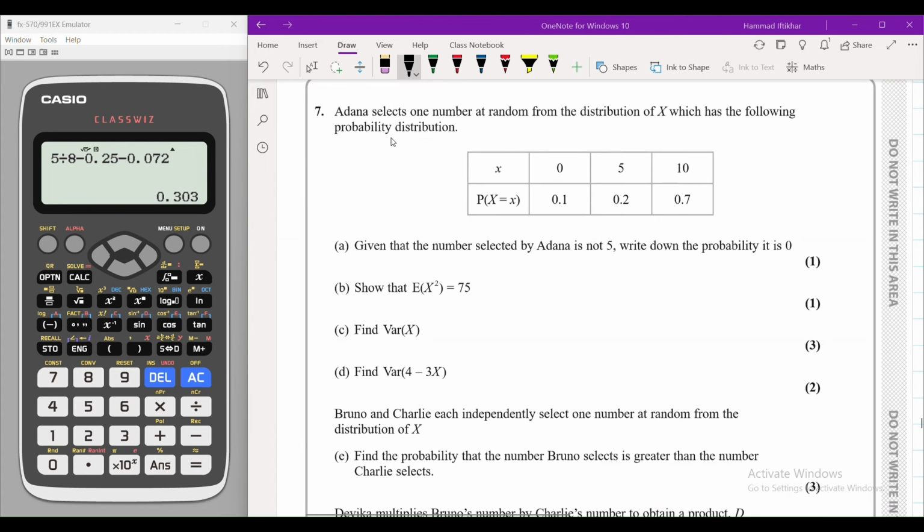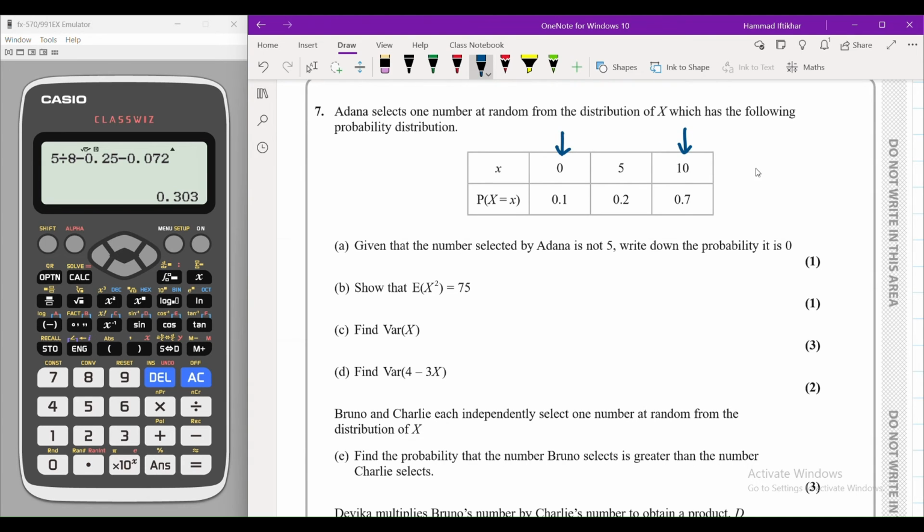Okay, Adana selects one number at random from the distribution of X, which has the following probability distribution. Given that the number selected by Adana is not 5, write down the probability that it is 0. So it's saying that the number is either 0 or 10, and given that, we need to find the probability that it's 0.